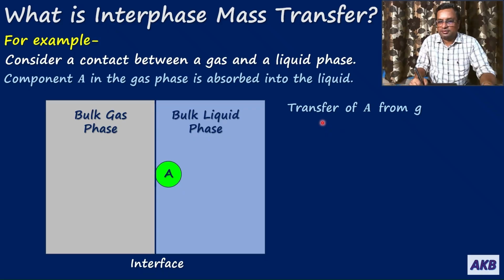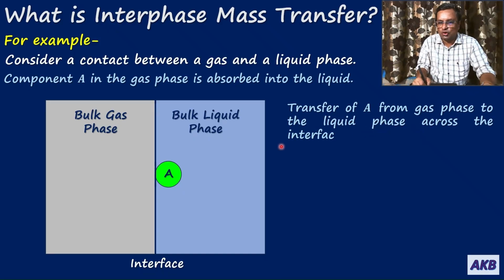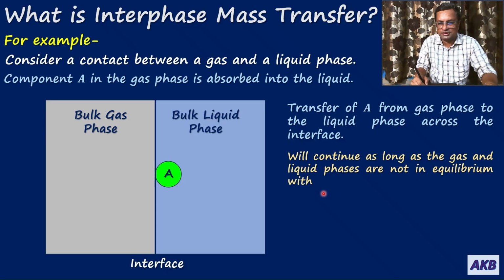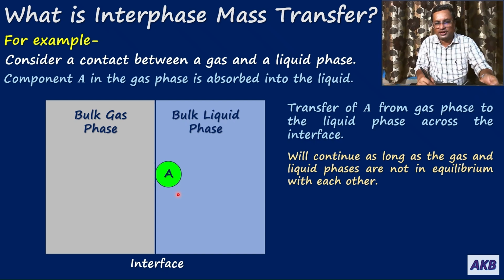So this is transfer of A from gas phase to the liquid phase across the interface, and it will continue as long as the gas and liquid phases are not in equilibrium with each other. So for transfer across the interface, the driving force is the fact that the two phases are not in equilibrium with each other.